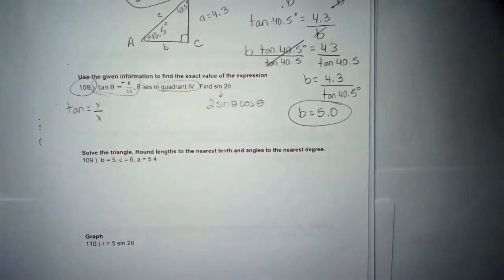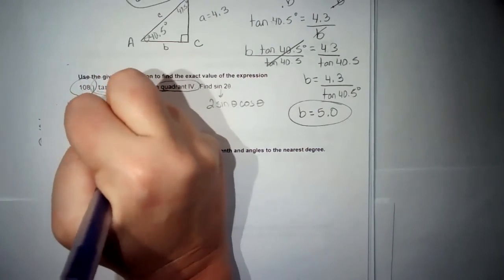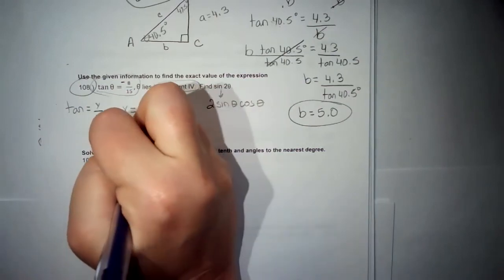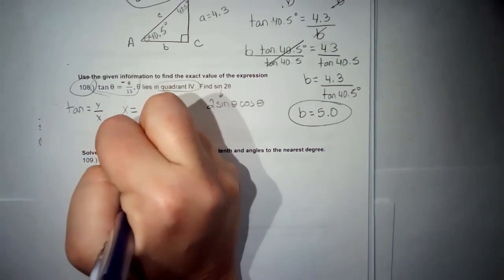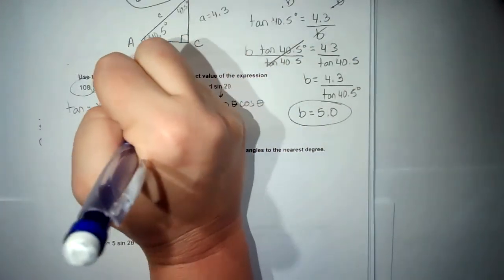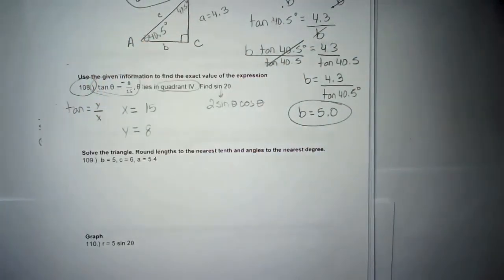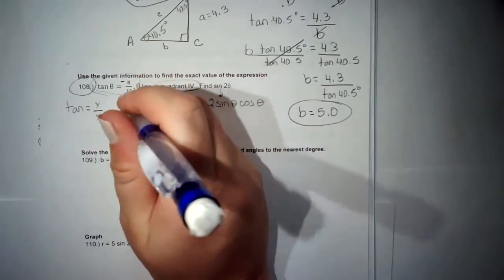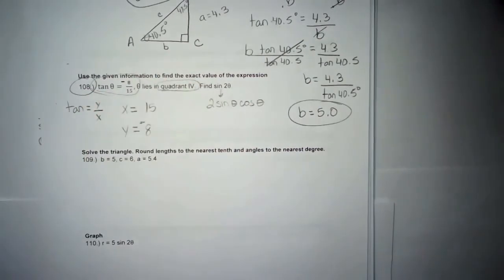So I need to find out exactly what x equals and what y equals. I know my y is going to be an 8, and my x is going to be a 15, and somebody is negative because there's a negative sign hanging around. Who in quadrant 4 is negative, x or y? Y. Now I know you're probably thinking, well, Ms. Holcomb, the negative's on the 8, but you know how I put a negative on the top of everything, even if it's the bottom that's really negative. So it's always a good idea to check that.